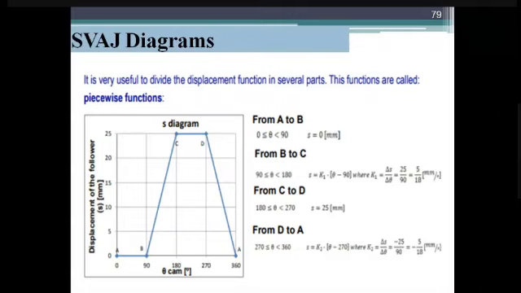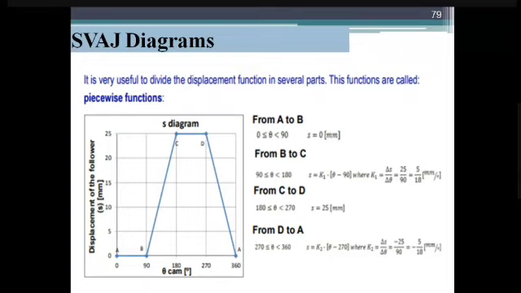Then from D to A, the fourth stage, the angle is between 270 and 360 degrees, which is 90 degrees. Similarly, it falls down, so S is equal to K2 into theta minus 270, because the previous stage ends at 270. Here K2 is equal to, similarly, del S by del theta.